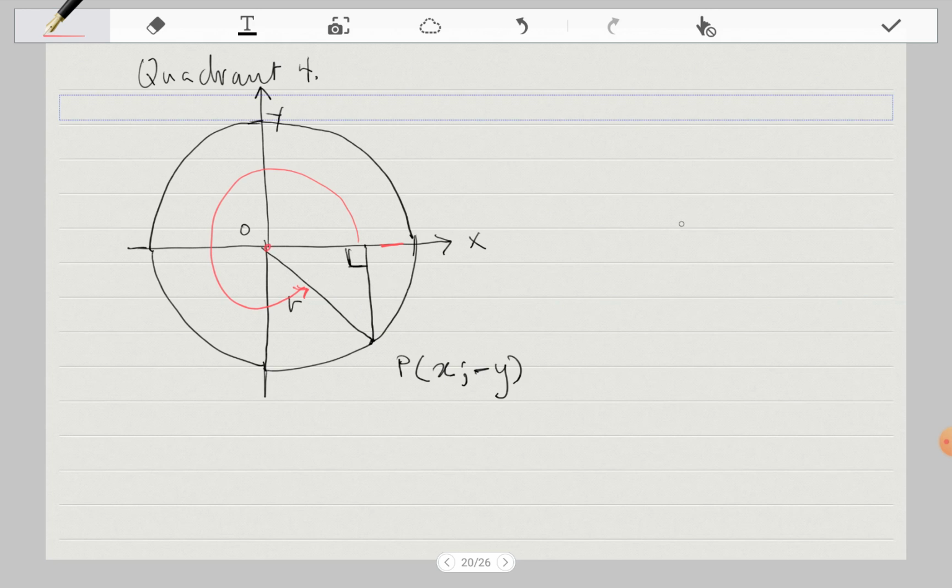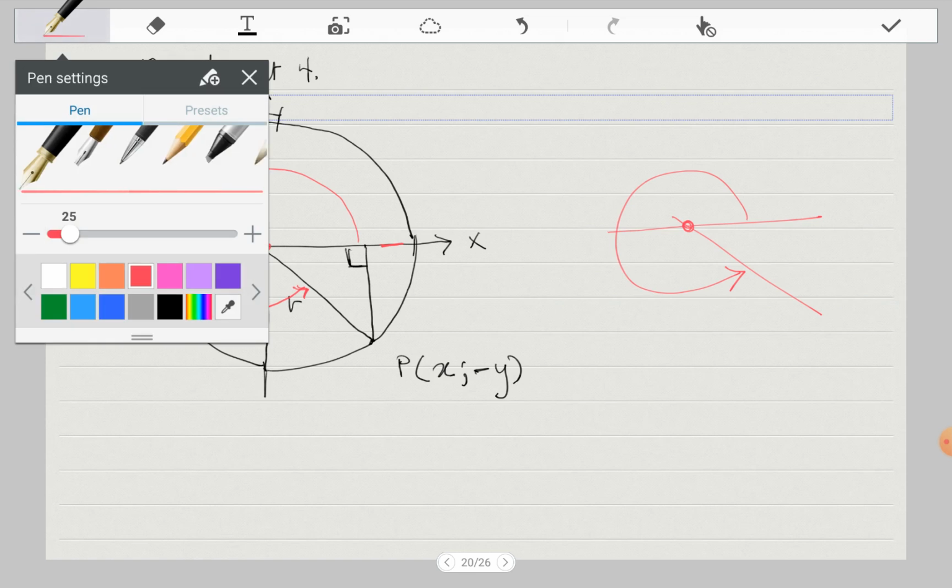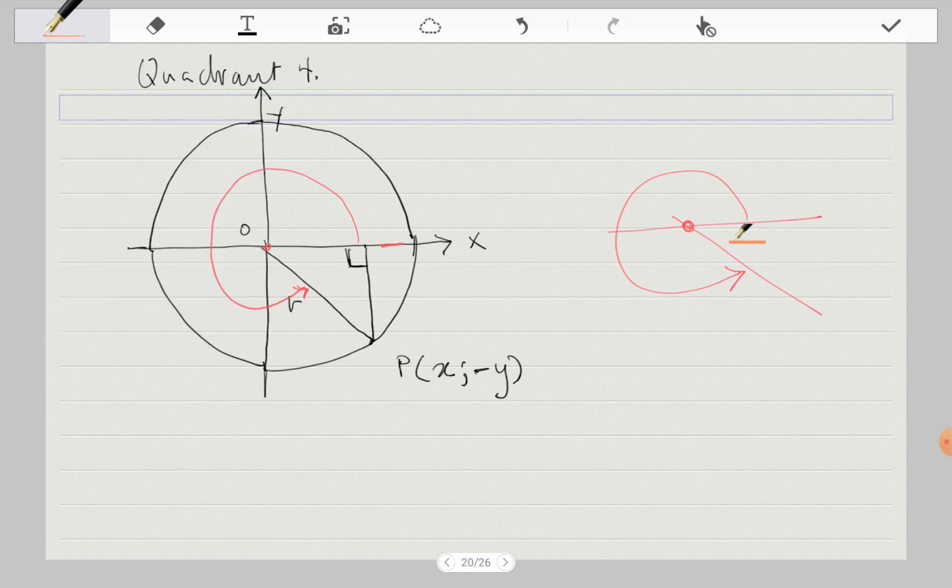So in terms of our diagram here on the side, we've gone all the way around. If we want to find out where we are here, in terms of our angles around the point, we see that this would be 360 degrees minus this angle theta in here.